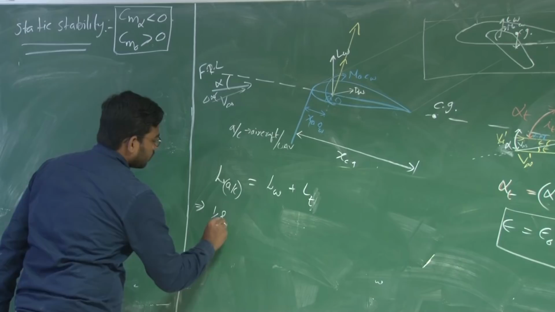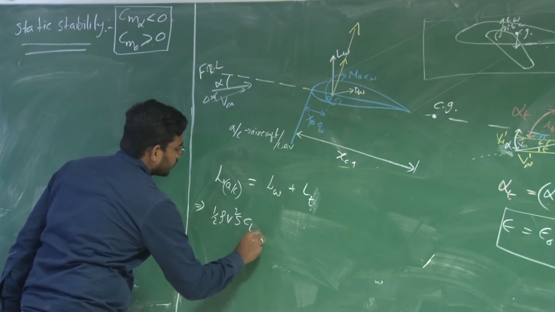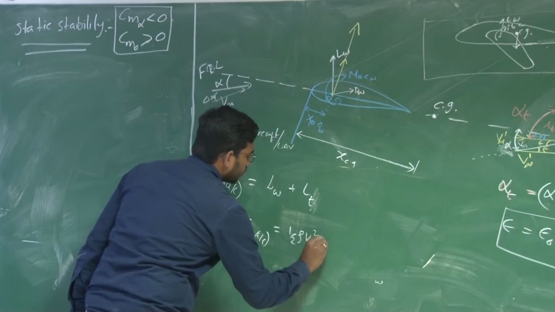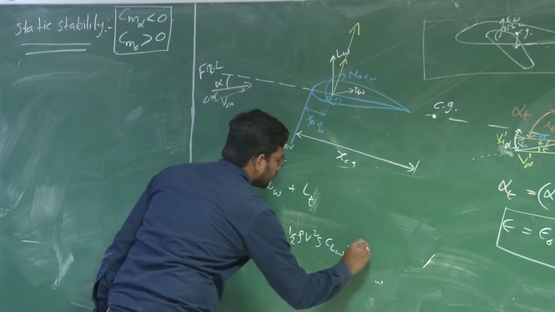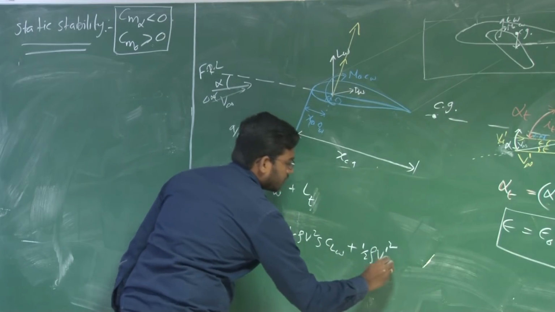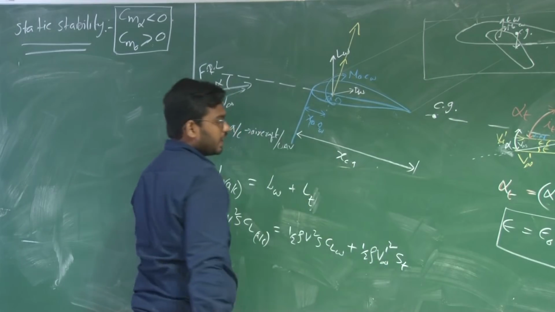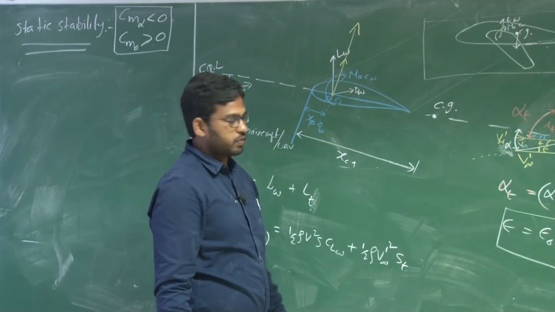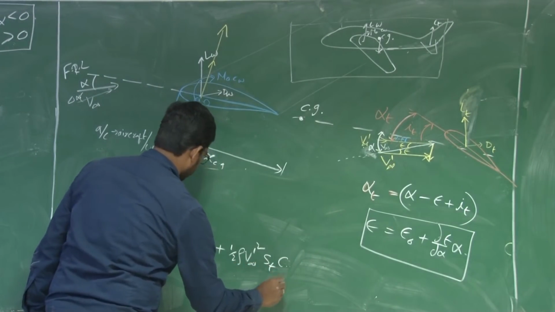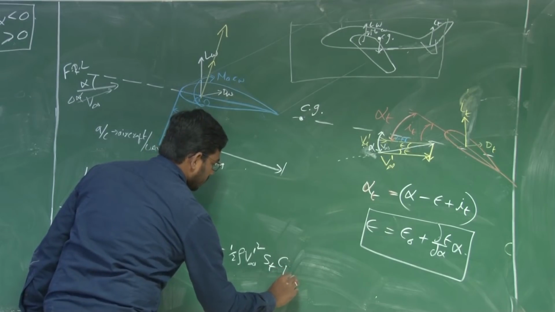So this is half rho V square S into CL of aircraft is equal to half rho V square S into CL of wing plus half rho V infinity prime square S_t, because tail area is different compared to wing area, S_t into CL of tail.